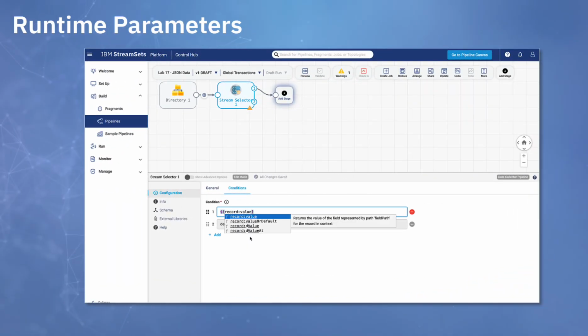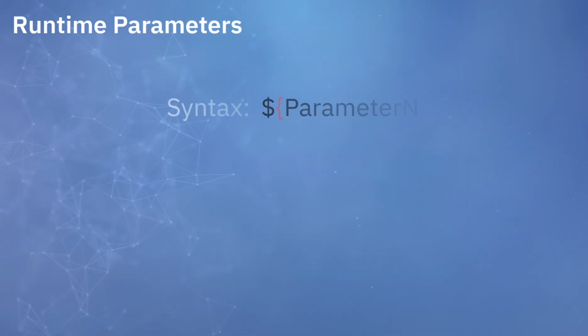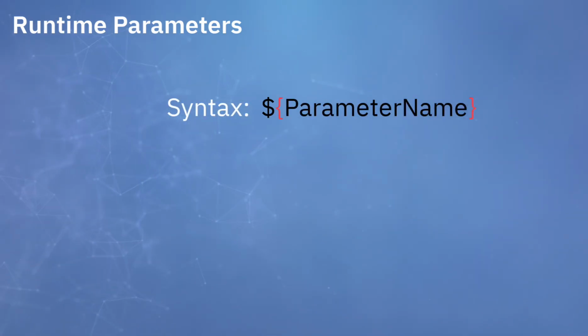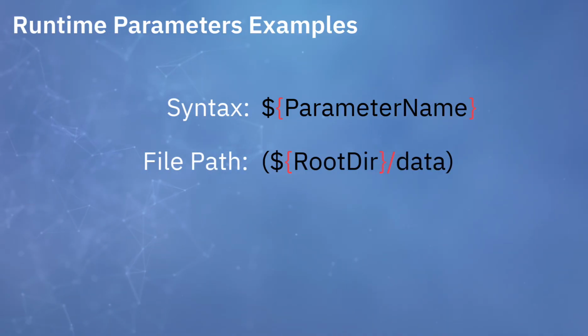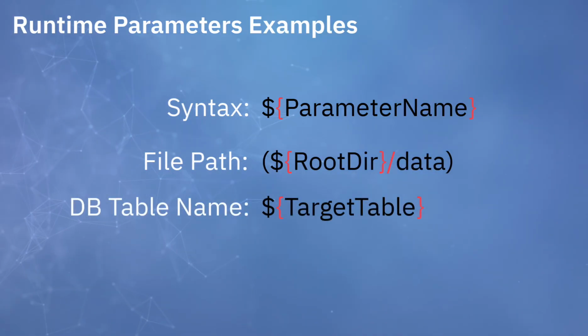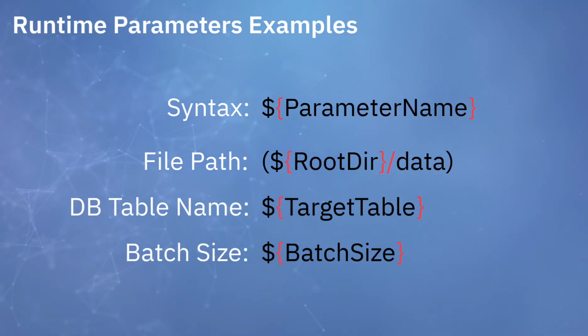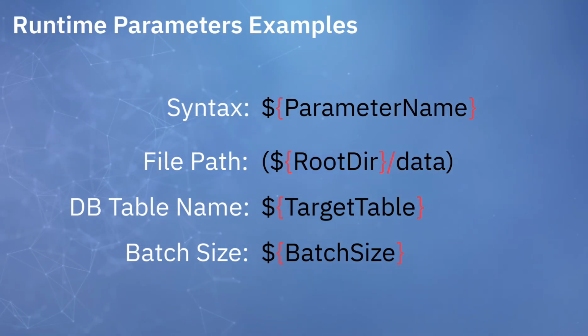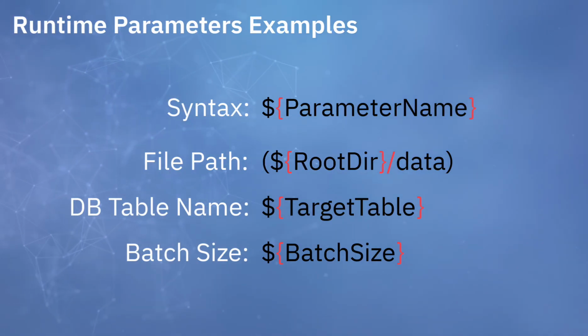You'll often see them used in stage or pipeline properties using the syntax $ sign followed by the parameter name inside curly braces. For example, you might have a file path, a database table name, or even a batch size as shown on the screen. Although parameters are stored as strings in the user interface, they can represent different data types, such as text, numbers, Boolean values that evaluate to true or false, or even lists and arrays written as JSON strings.